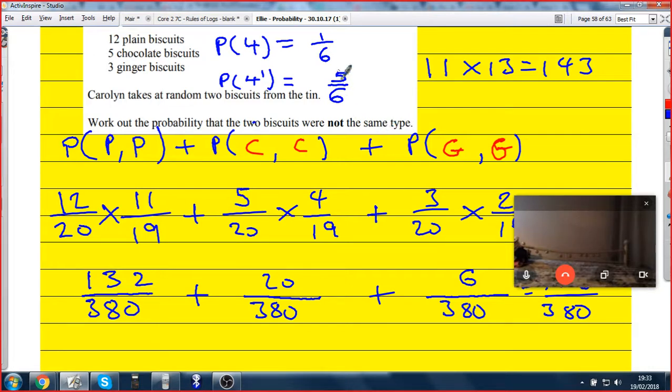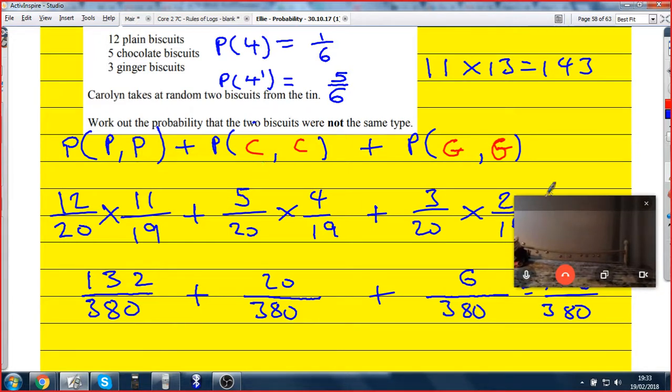And what do you notice about 1 out of 6 and 5 out of 6? If you add them, there'd be 6 over 6. Yeah, and what is 6 divided by 6? 1. Yeah, so they add up to 1.